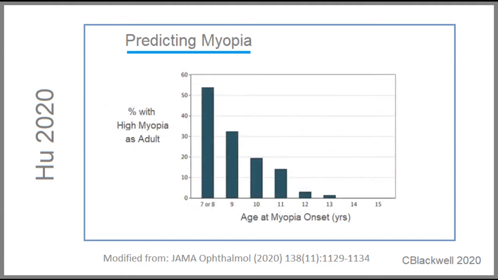Looking at their results another way, the chance of developing high myopia, defined as greater than -6 diopters, for those whose myopia started at age 7 or 8, the risk was greater than 50%. So, age of onset of myopia is an important, perhaps the key deciding factor that we will talk about in the treatment video.